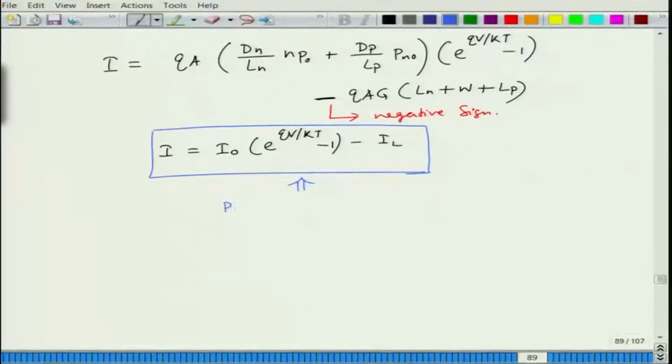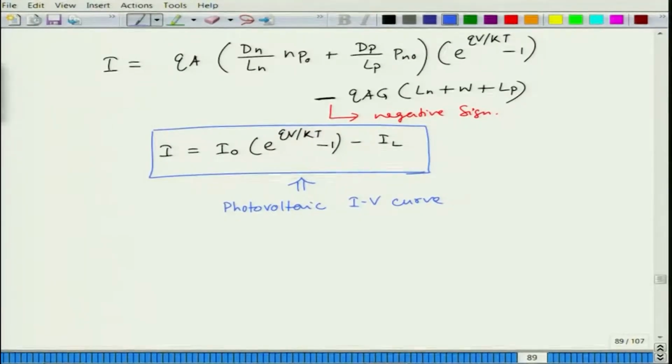And after that we introduced the effect of light on it, and we have gotten this final equation which is called the photovoltaic IV curve. Now, we have light also.